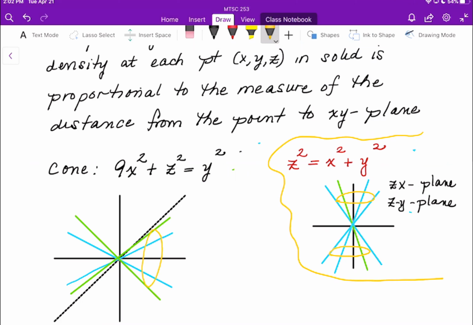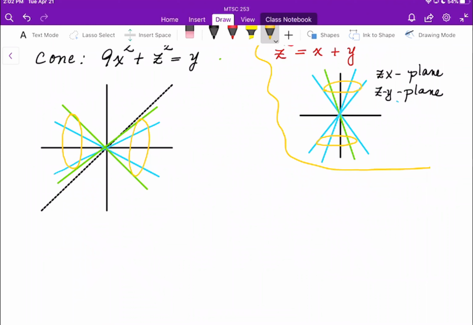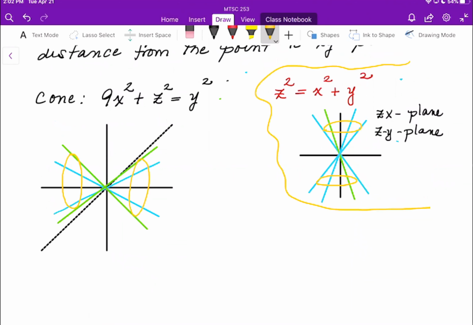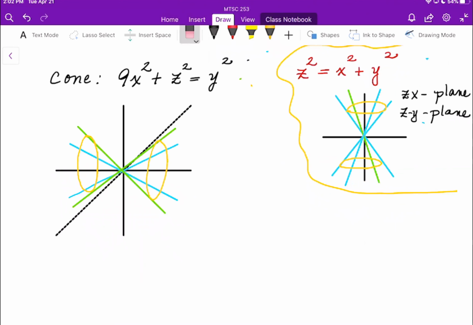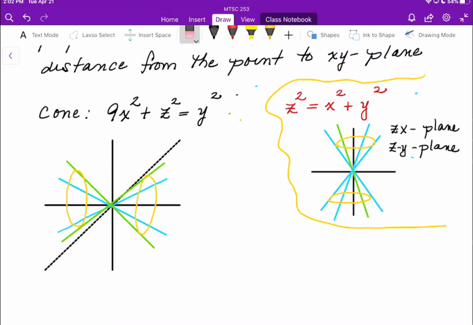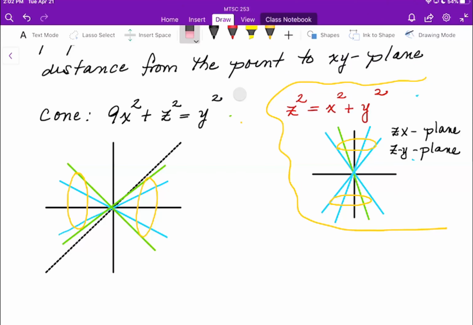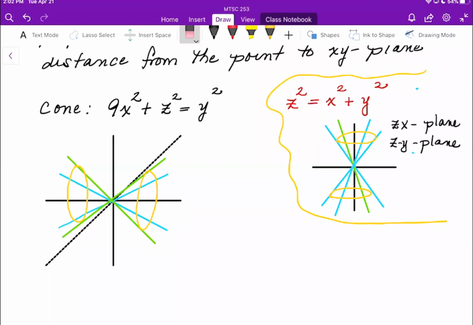So we're only concerned about the part of the cone that is over top of the xy plane.